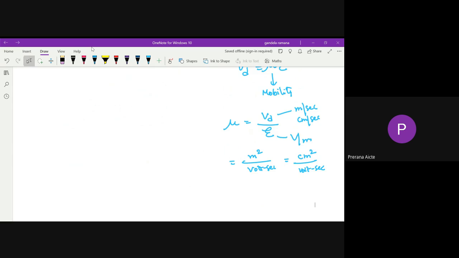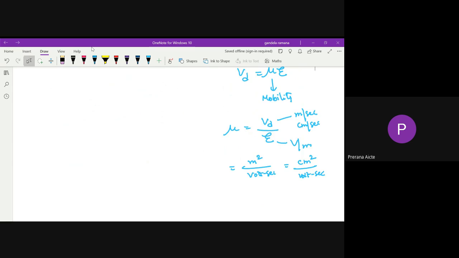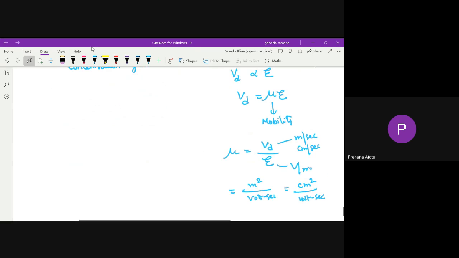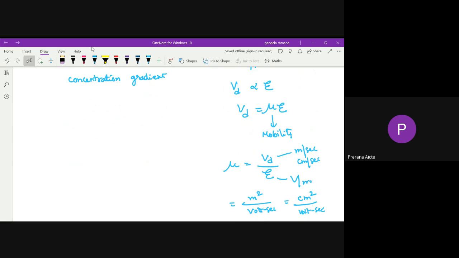Diffusion current means, when we have n-type material, the electrons move from one place to another without any electric field.